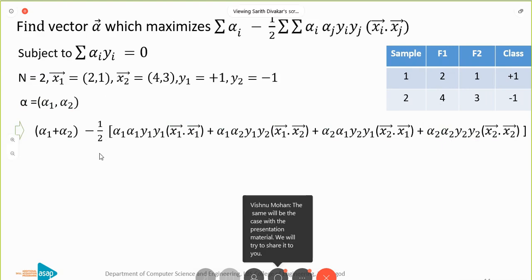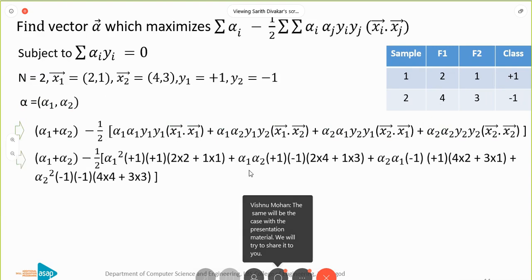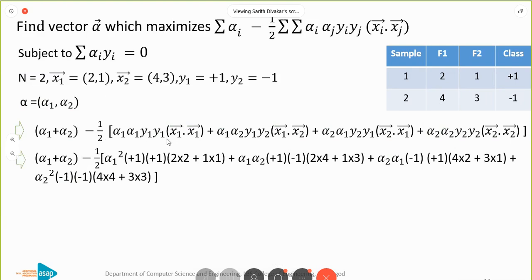Now I'm going to put in the values of y and take the dot products x1 dot x1, x1 dot x2, x2 dot x1 and x2 dot x2. Taking the dot product of x1 with itself, it is 2 into 2 plus 1 into 1.